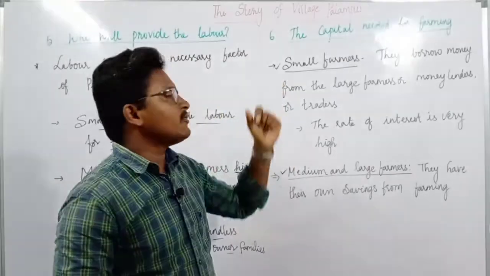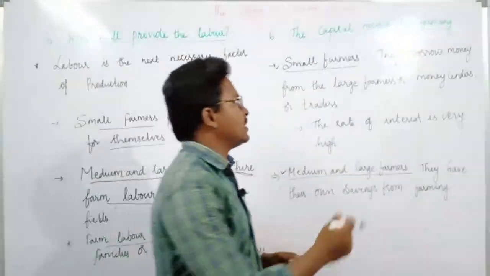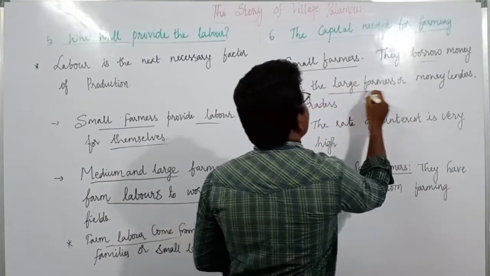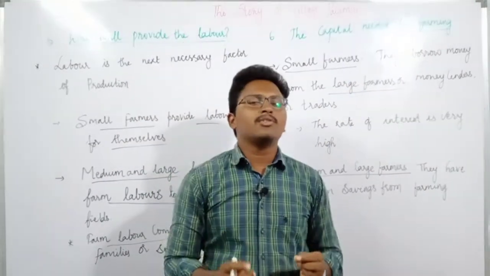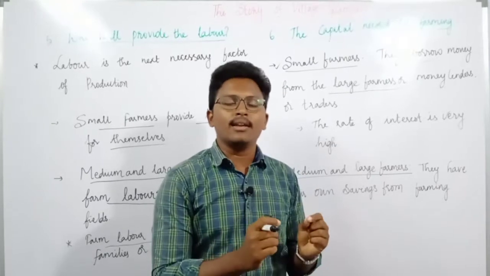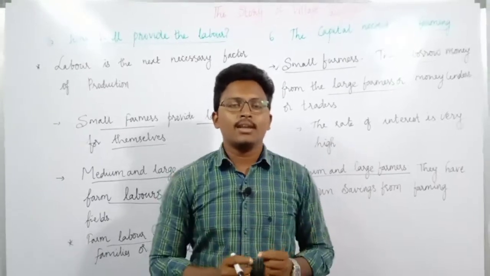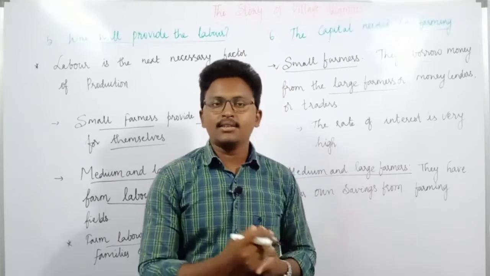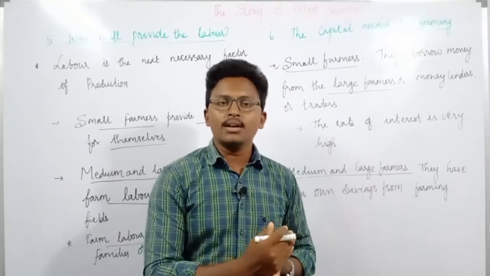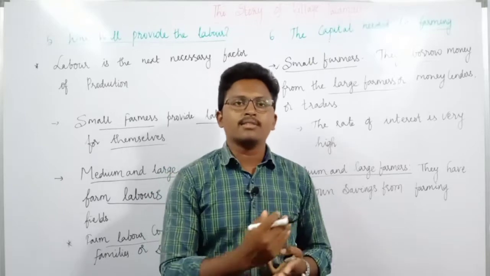So these small farmers usually borrow money from the large farmers or money lenders. Why? Because they do not have any money or capital required for their agriculture. In order to invest in things such as fertilizers, or for plowing we need a tractor, and we also need some other things.